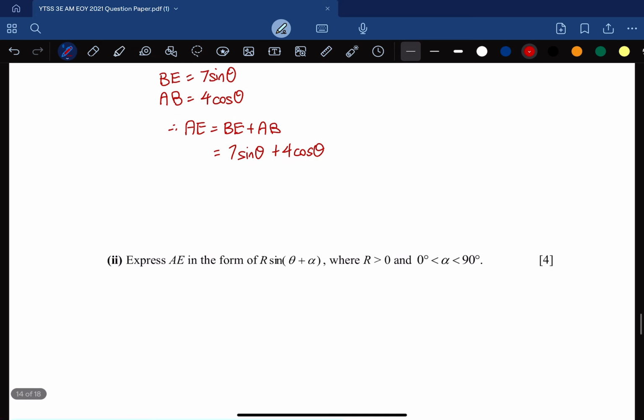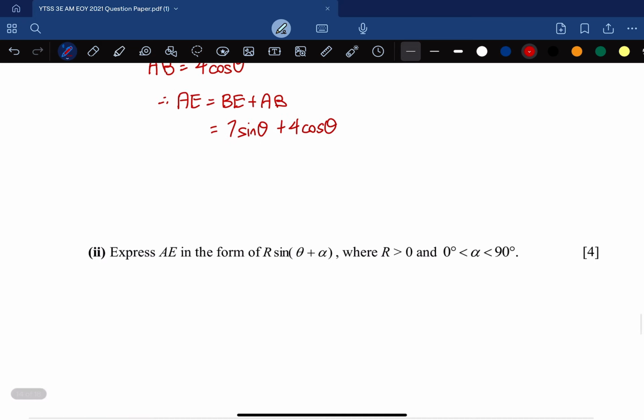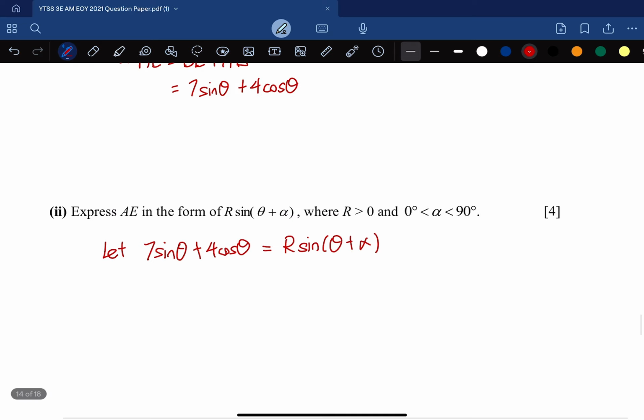So over here, I'll let this 7 sine theta plus 4 cosine theta be equal to R sine theta plus alpha. By addition formula, this can turn into R sine theta cosine alpha plus R sine alpha cosine theta. Then from here, simply we can form the equations.